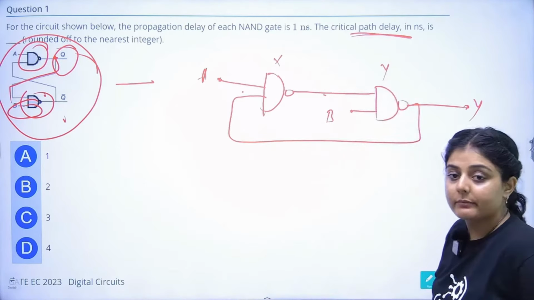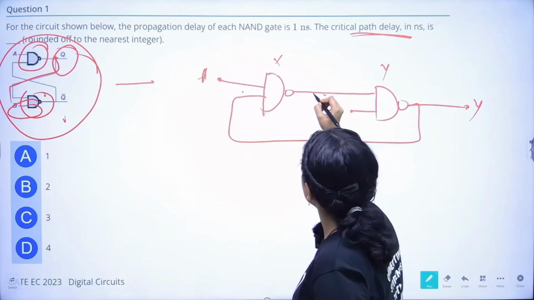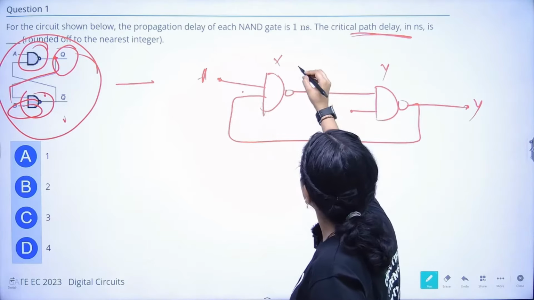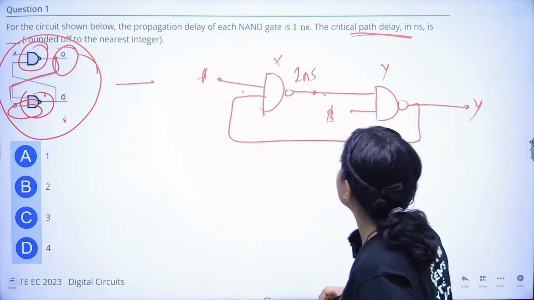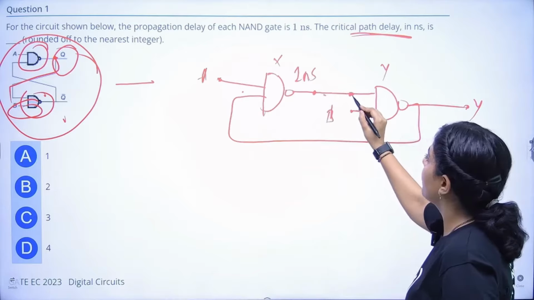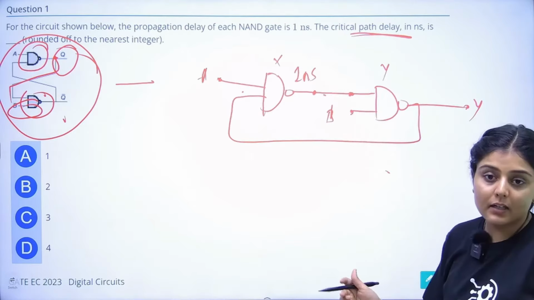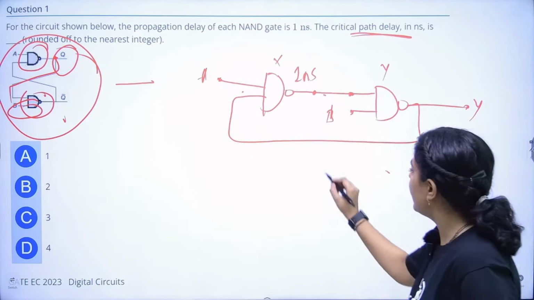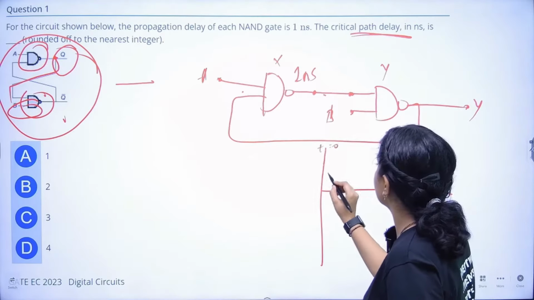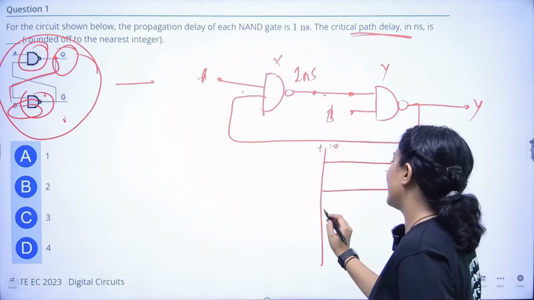So how much time is this taking to give the output? This is taking 1 nanosecond. Similarly, after 1 nanosecond, it will be the input to this, and B we are giving at the same time. So B and A are starting from t equals 0, from t equals 0, any value.